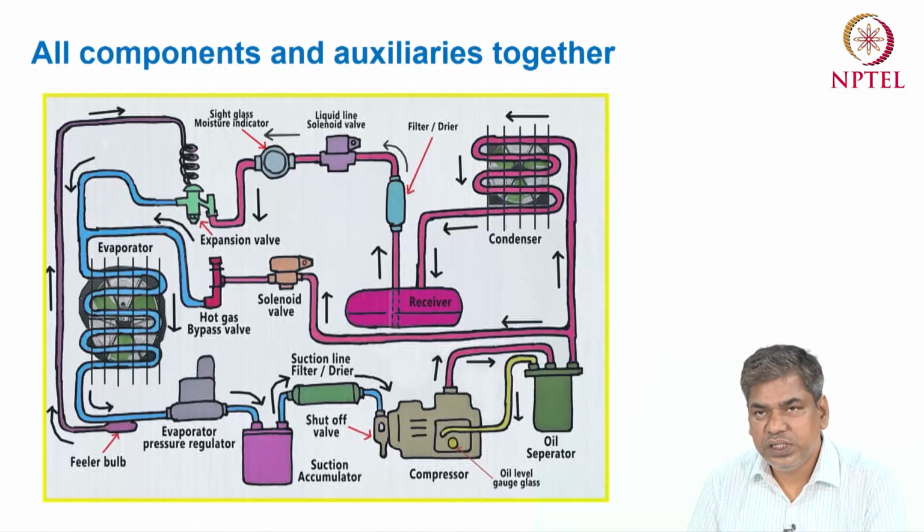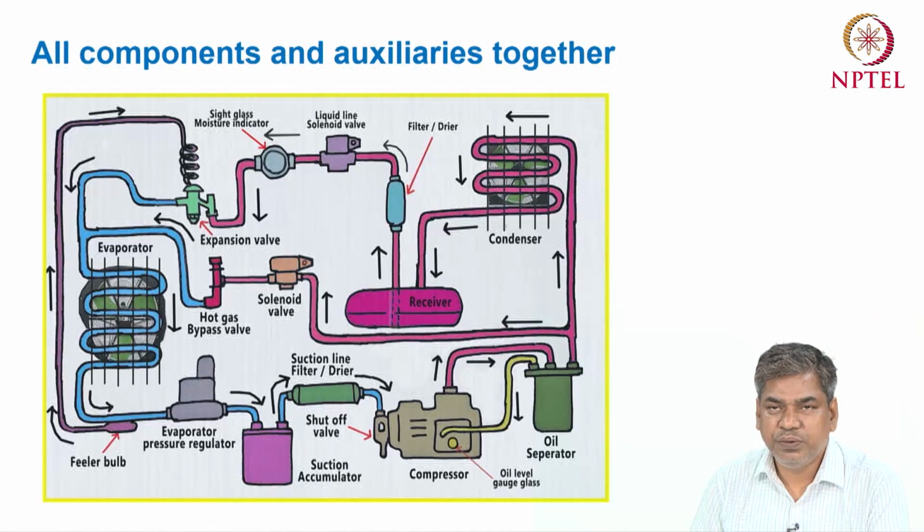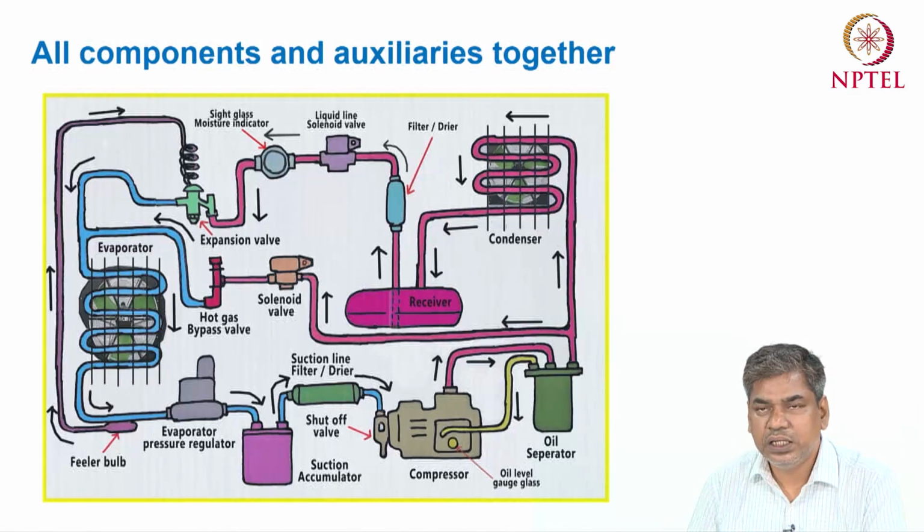Apart from this, you can see that before the compressor and after the evaporator a suction accumulator is used. This suction accumulator stores the refrigerant after the evaporator, and ensures that only refrigerant vapor flows to the compressor.